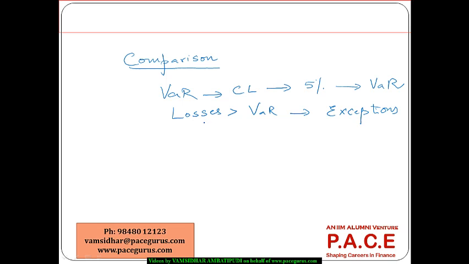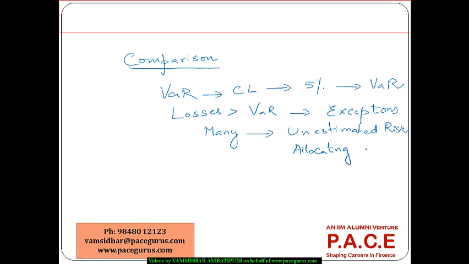So if there are too many exceptions, probably you have underestimated your risk. Means if the losses are much greater than the required, we are looking at too many exceptions. The model is underestimating the risk, which means I am allocating too little capital, right?